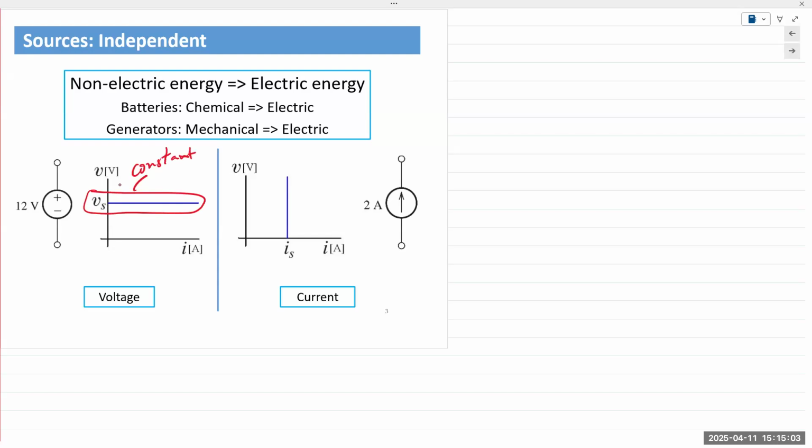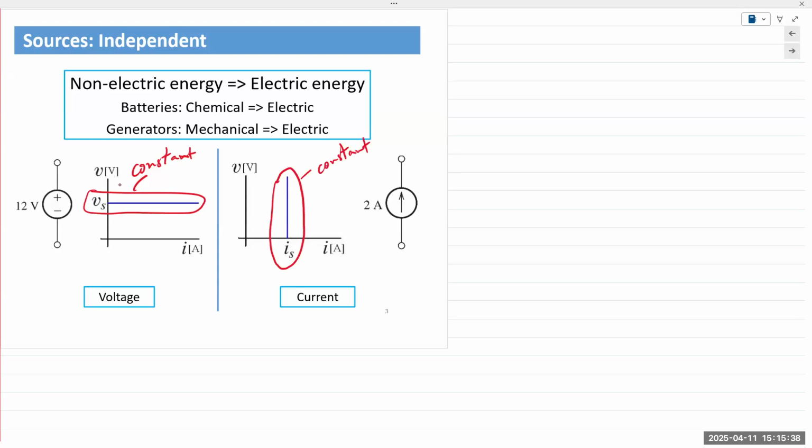The current could change, but the voltage will always remain constant. Similarly, a current source will supply its rated current irrespective of the load that is connected, irrespective of the voltage that is required. In other words, it'll keep the current constant while the voltage could change.